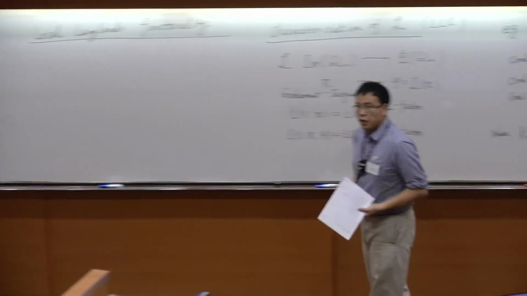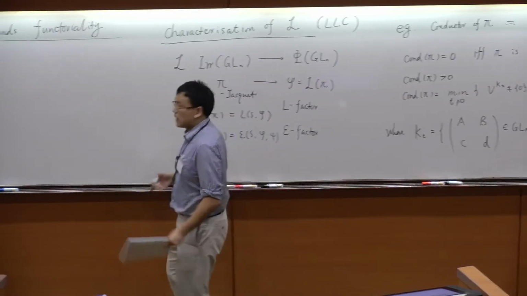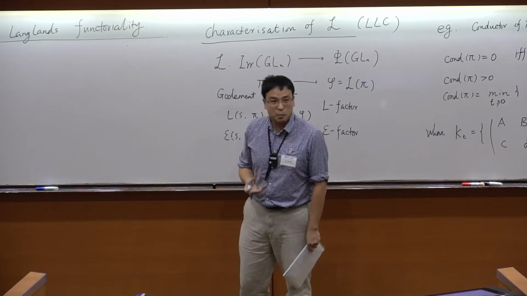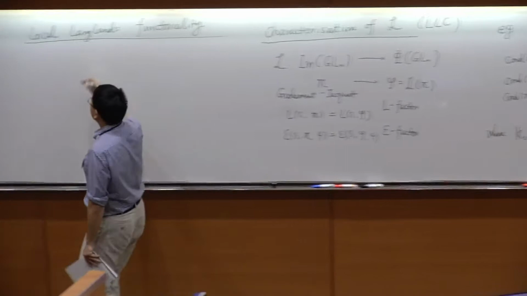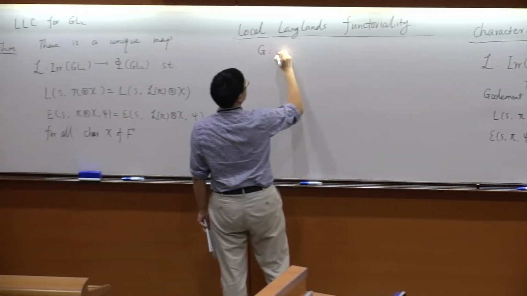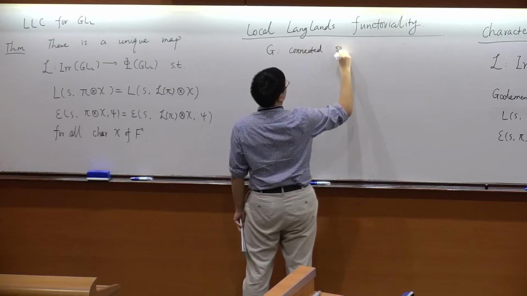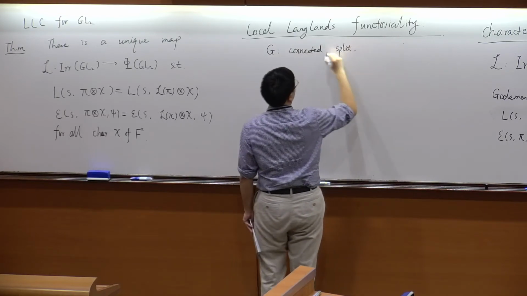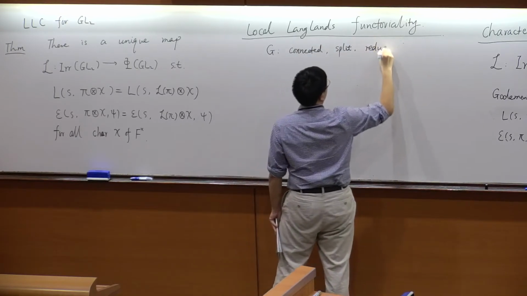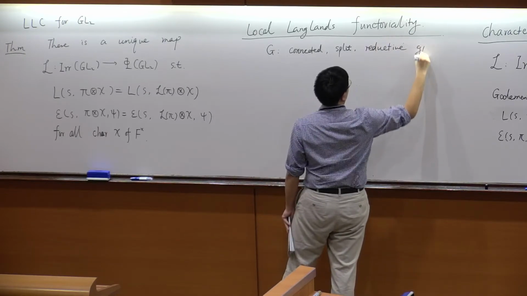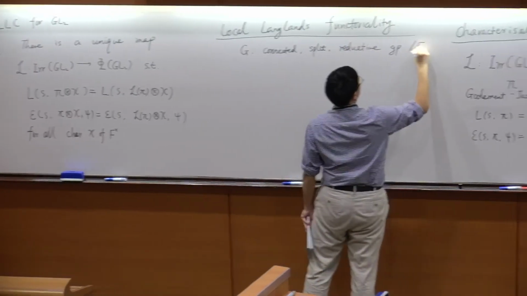Now let's see a general picture here. I still stick to a connected split reductive group G, which is of course defined over F.